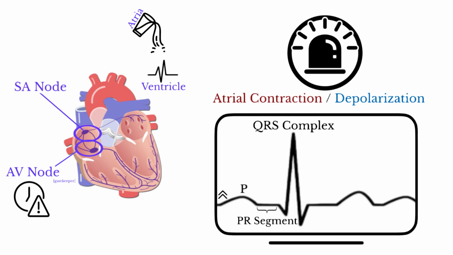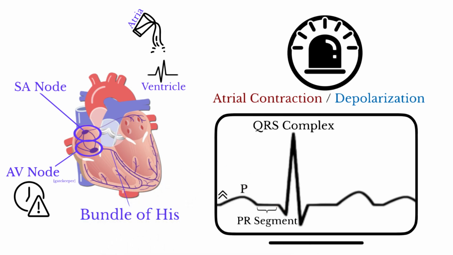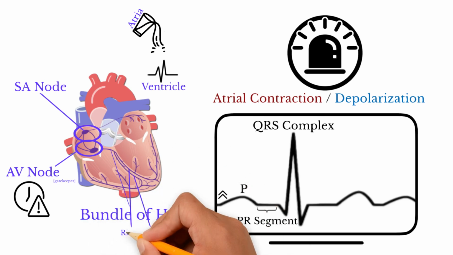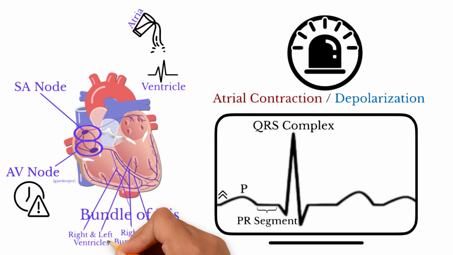The impulse sent by the AV node goes through a pathway called the bundle of His and then splits into the right and left bundle branches, carrying the impulse to the right and the left ventricles.